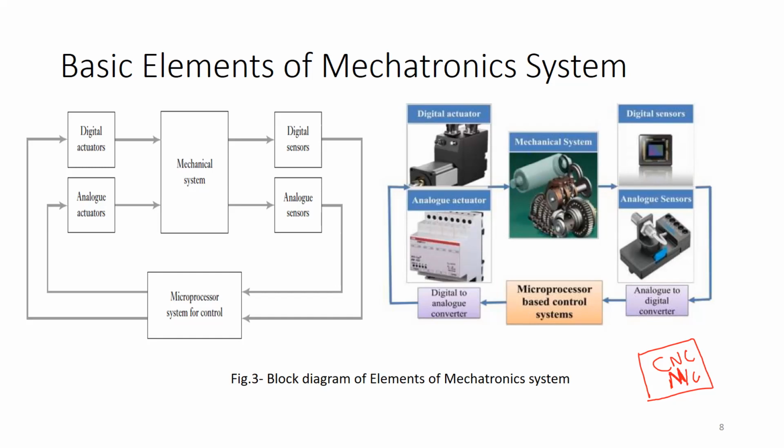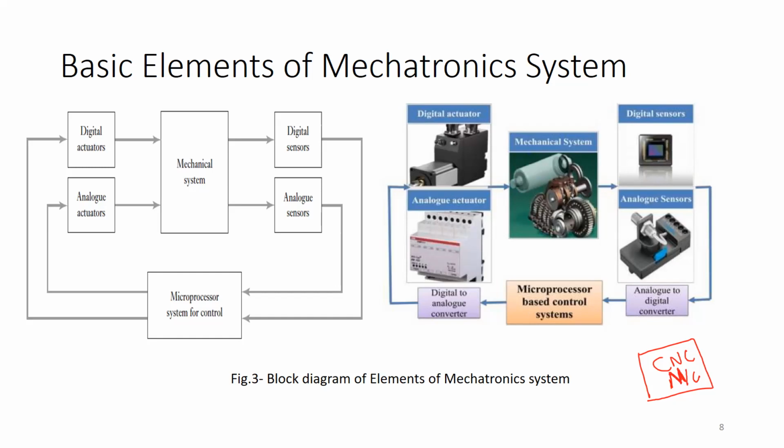We have a number of sensors available, which work on different technologies you must have studied. It can be electromagnetic, it can be working on magnetic fields, electrical signals, optical signals.